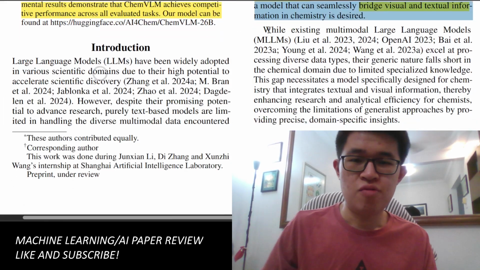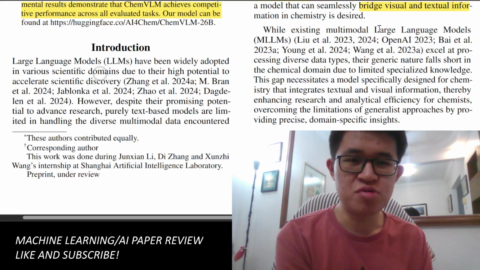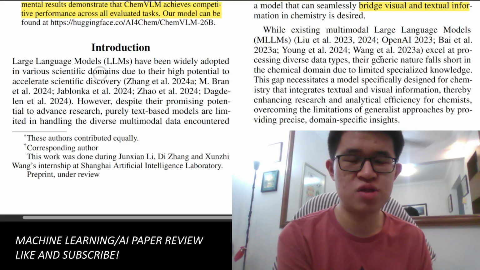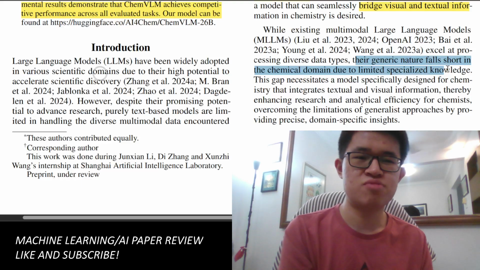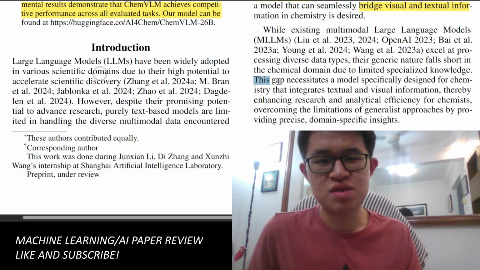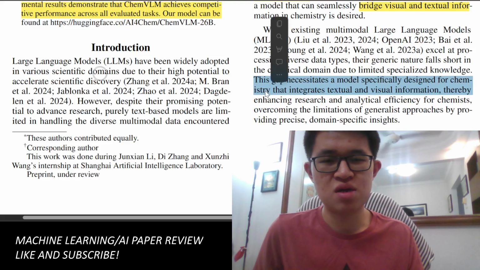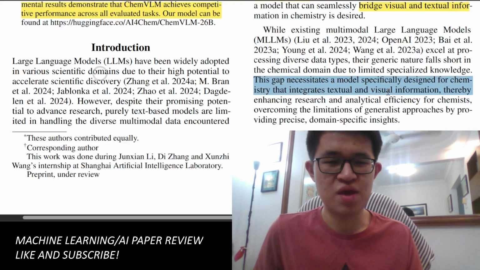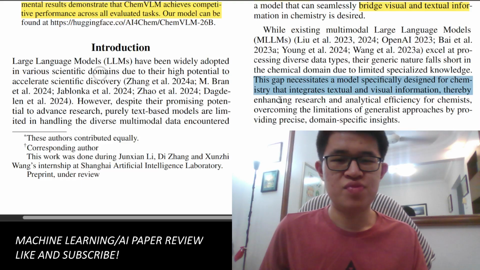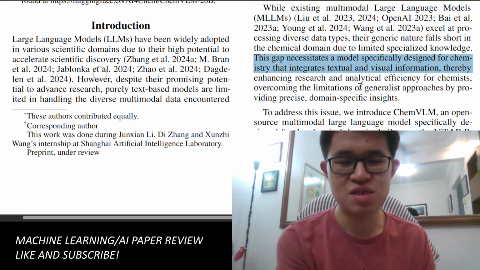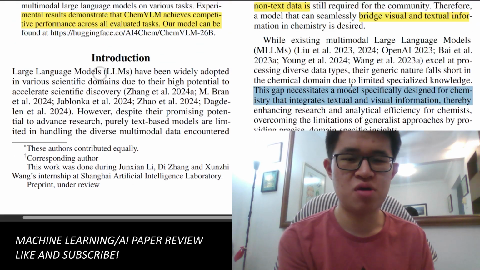So, okay, while existing multimodal LLMs, such as from OpenAI, are very good at diverse data types, their generic natures fall short in the chemical domain due to lack of specialized knowledge. This gap necessitates a model specifically designed for chemistry that integrates textual and visual information, thereby enhancing productivity analysis for the chemist.